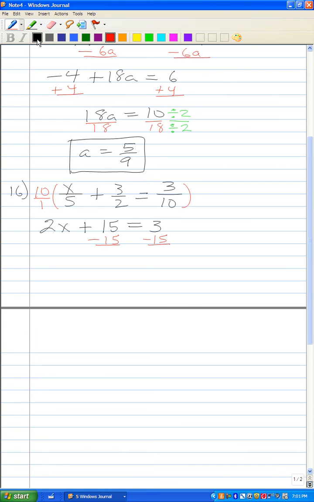Let me subtract 15 from both sides of my equation. So 2x is equal to -12. Now let me divide both sides of my equation by 2 in order to solve for x. So by the multiplicative property of equality, I have that x is equal to -6. And that is my answer.